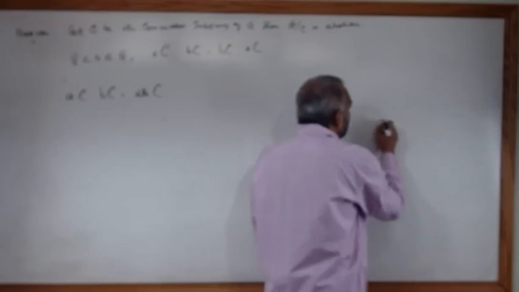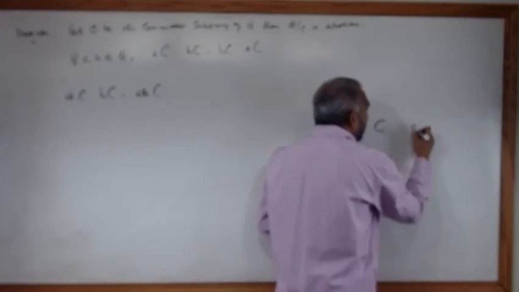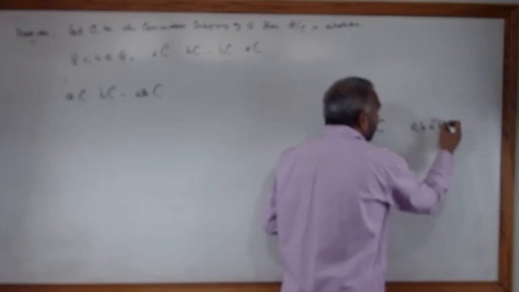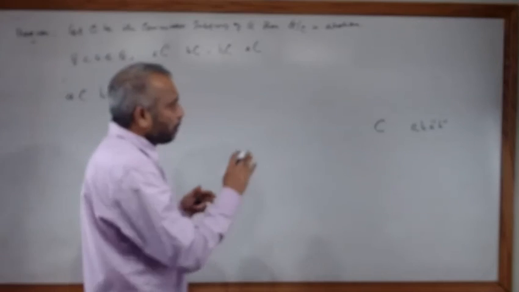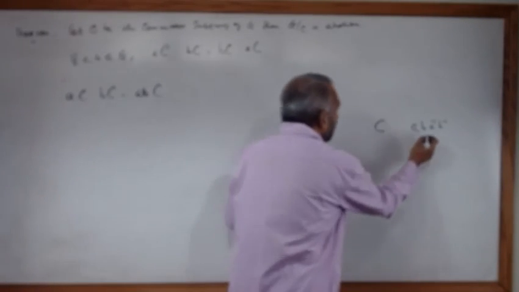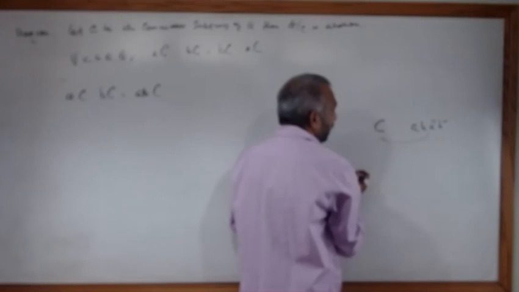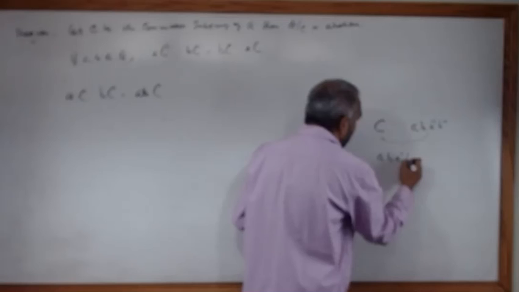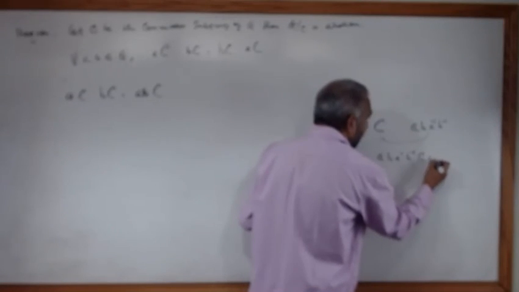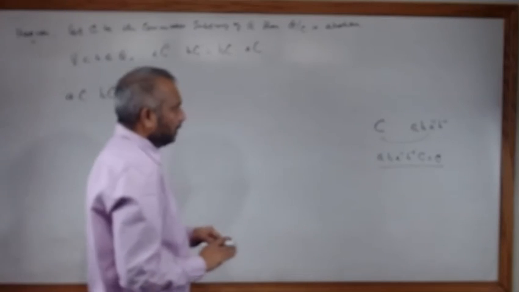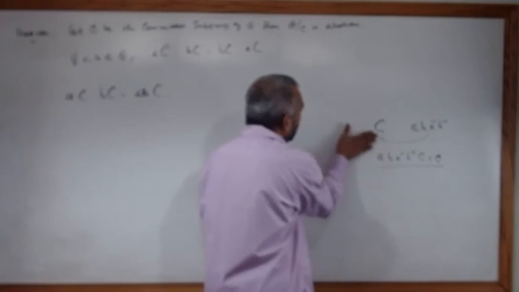C contains all the elements of the form A, B, A inverse, B inverse, or its products. So if an element is in here, then A, B, A inverse, B inverse, C is equal to C, because it's already here. And that is the result we are going to use here.